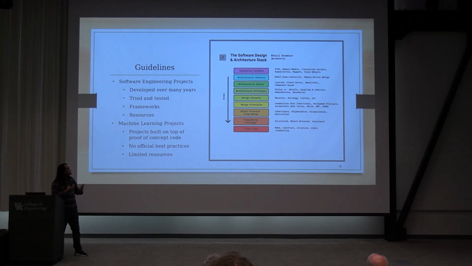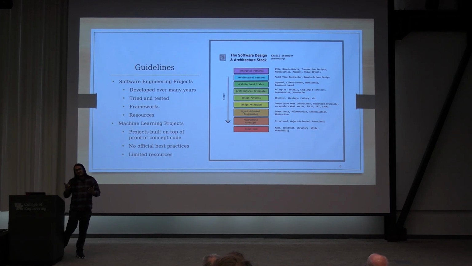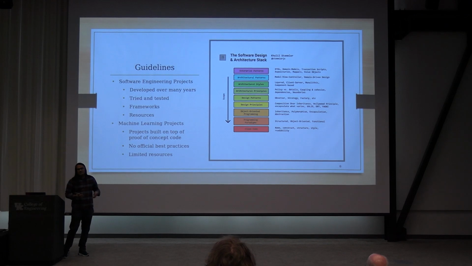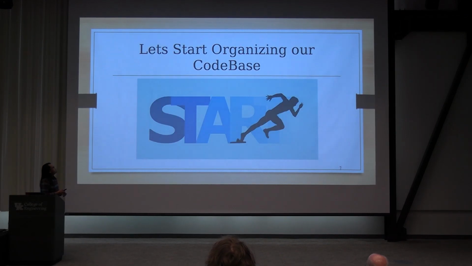And normally people build on top of that proof of concept code, and it becomes quite challenging if you don't follow a good pattern from the beginning. And we already said there are no official guidelines or best practices on how you should write these machine learning code bases. So in this seminar, I'll try to explain some of the things that I follow.